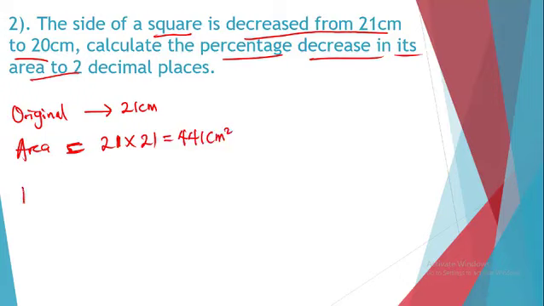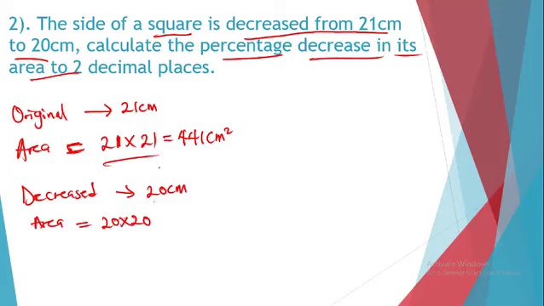Now the decreased measurement is 20 cm, and the area when decreased would be 20 times 20 instead of 21 times 21. So we have 20 times 20, which is 400 cm squared.